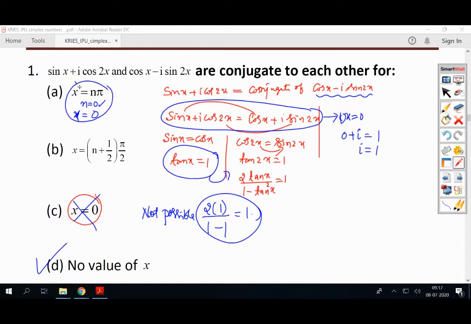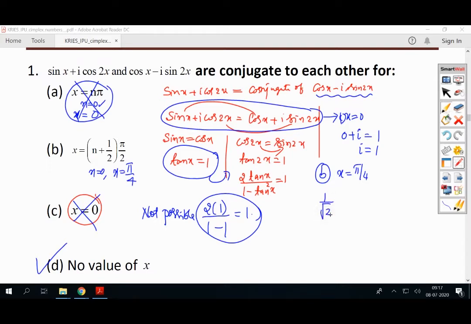Now here when we take n as 0, you are getting x is equal to pi by 4. Let us take x equal to pi by 4 and put it in here. So if you substitute x is equal to pi by 4 in the conjugate equation I have written: sin pi by 4 is 1 by root 2, plus i into cos pi by 2, it is 0.